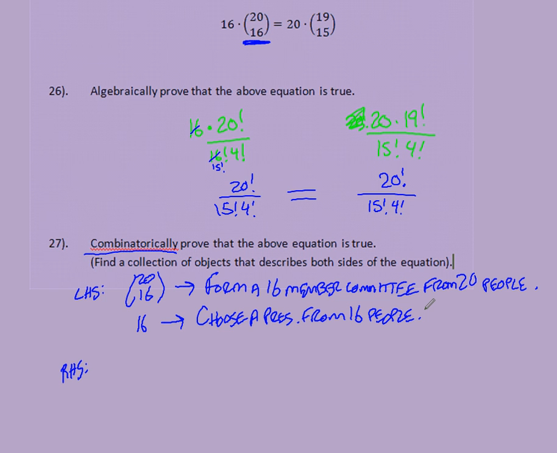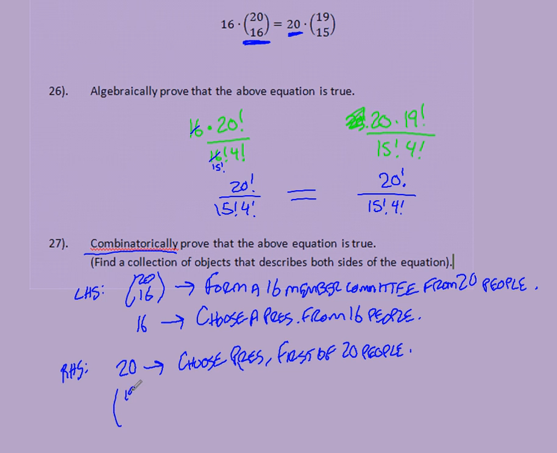Now, the right-hand side needs to do the exact same thing, needs to describe the exact same object. Well, there were 20 people to begin with, so use that to help you. The 20 would represent, okay, of the 20 people, choose the president first this time. So of the 20 people, choose one. That means he's on the committee, he's the president of the committee.